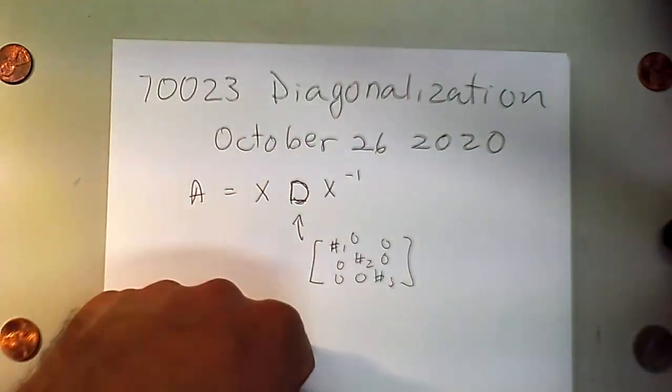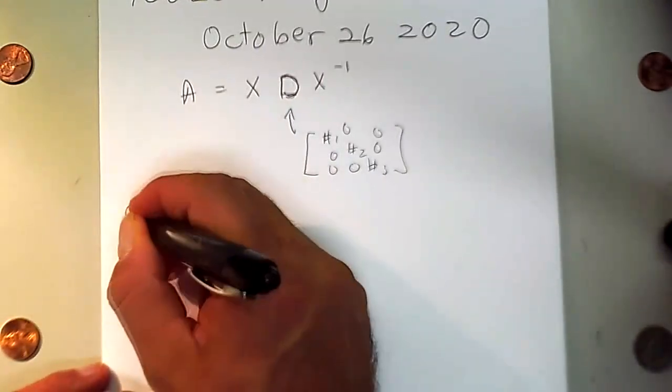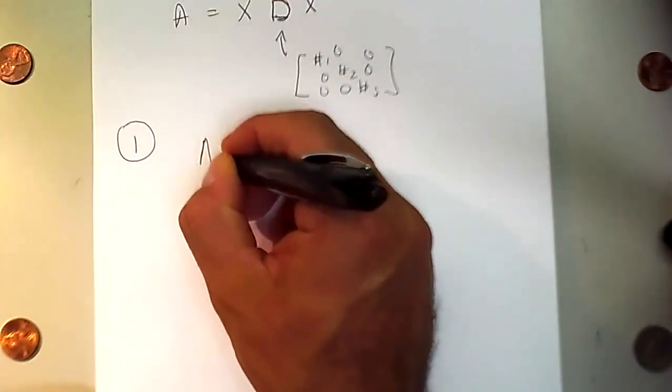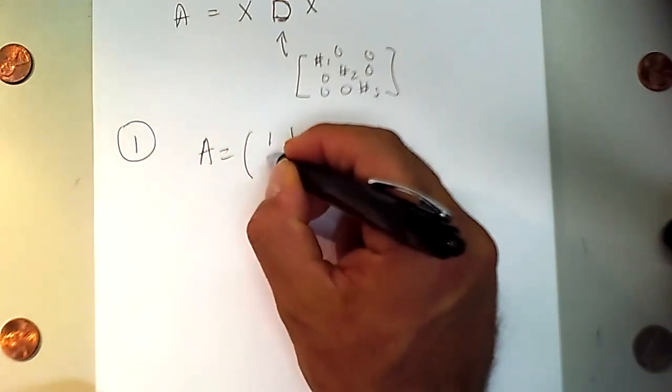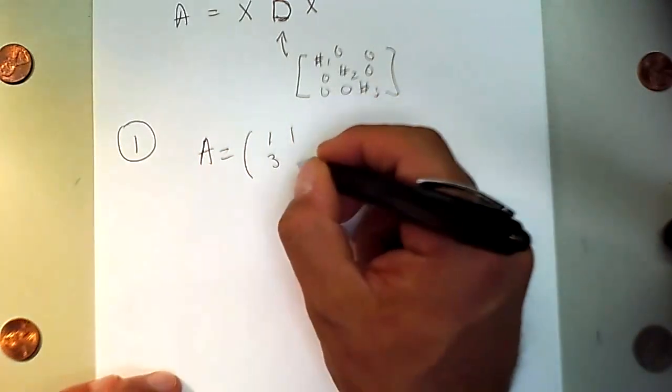All right, let's start working out one example. So let's say we have the matrix A equals 1, 1, 3, -1.